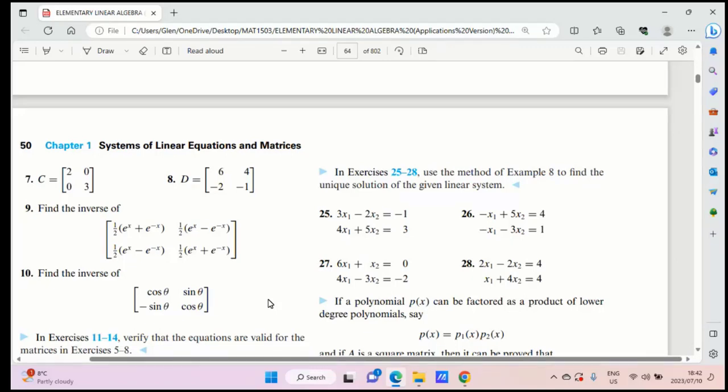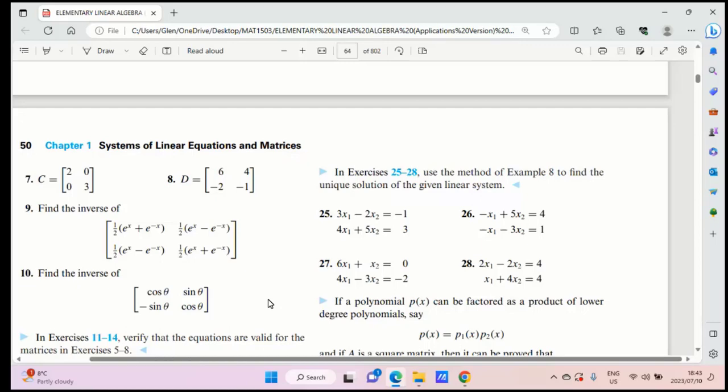It gave me 1/4 open bracket e to the power of 2x plus 2 plus e to the power of negative 2x, minus, in brackets, e to the power of 2x minus 2, I mean plus 2, and then minus e to the power of negative 2x.